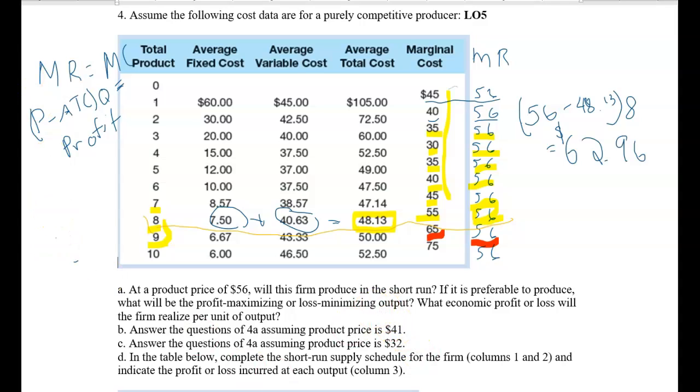So to do that, we are going to erase all of this, and we're going to compare our marginal cost with our marginal revenue, which this problem now tells us is $41. So we're going to write $41 all the way down and compare.